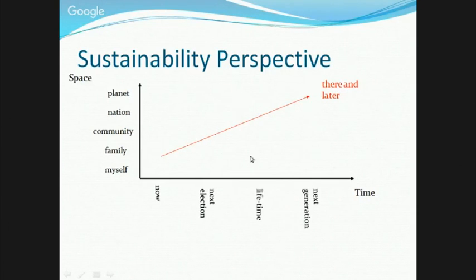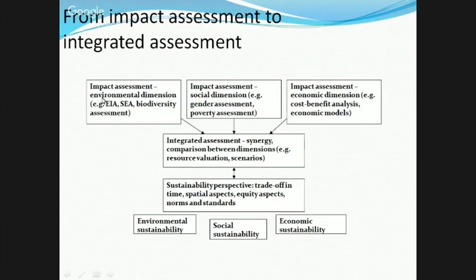The time available is very little, and to take care of the planet, we have to see that impacts are produced. That means impacts in terms of biodiversity, social impacts, and economic impacts, and there has to be total integration of these impacts by our various activities for sustainability.